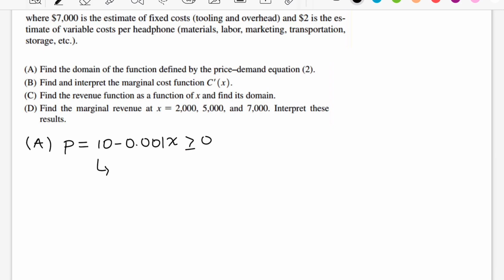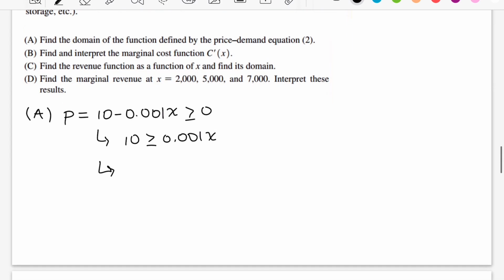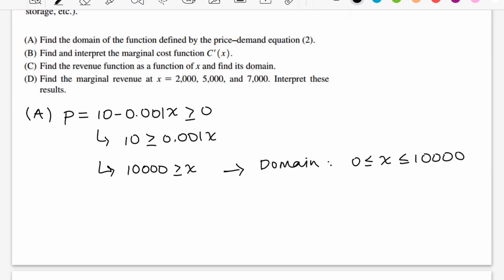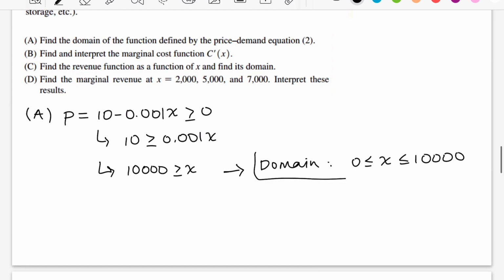All right, then solving for X, we get this, and then we'll divide by 0.01, so we get 10,000 is greater than X. And this tells us our domain is X is going to be in between 0 and 10,000. All right.